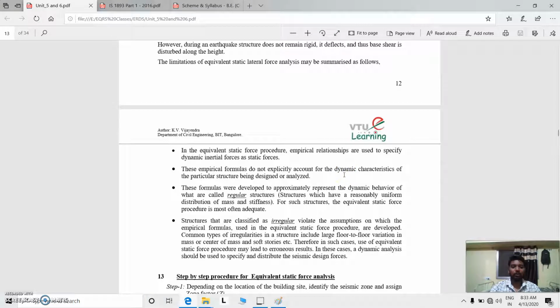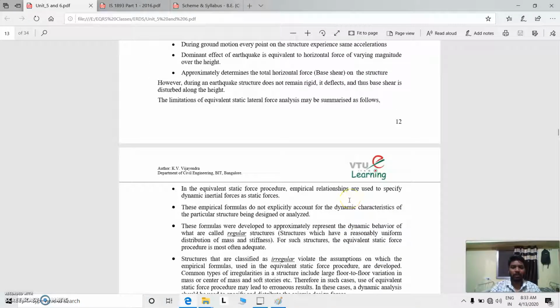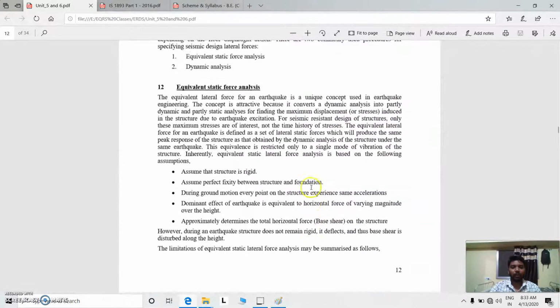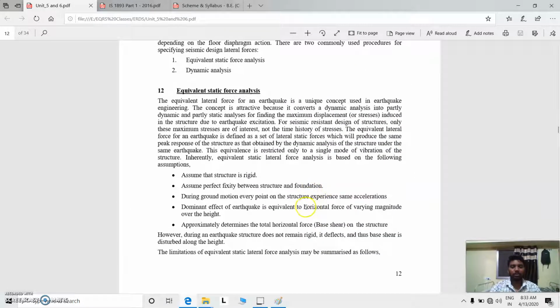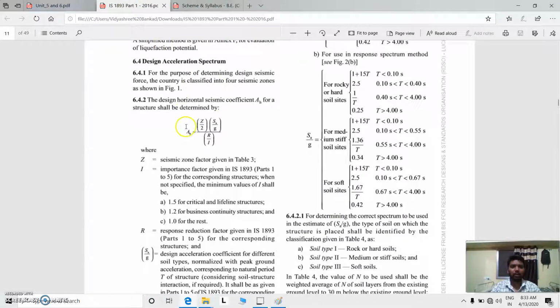But we have some other main assumptions that are considered in the equivalent static force method. Based on these assumptions, we are going to calculate the total lateral force based on the recommendations provided in IS 1893 part 1, 2016.